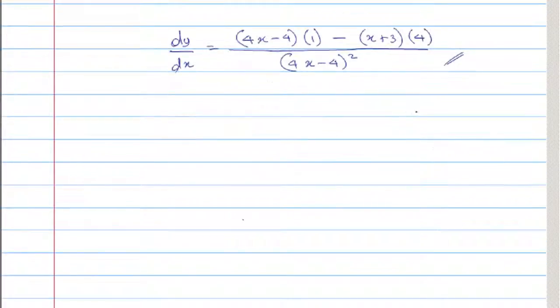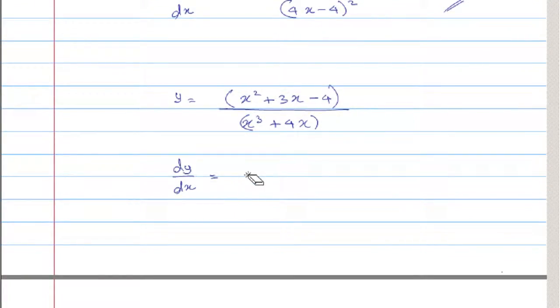Okay, let's take another example. So let's say we have y equals, let's take a quadratic term now. So let's say we have x squared plus 3x minus 4 divided by, say, some cubic term, say x cubed plus 4x. And just to help remember the quotient rule, I think it's probably a good idea to just write it down for the first few times that you do the quotient rule.